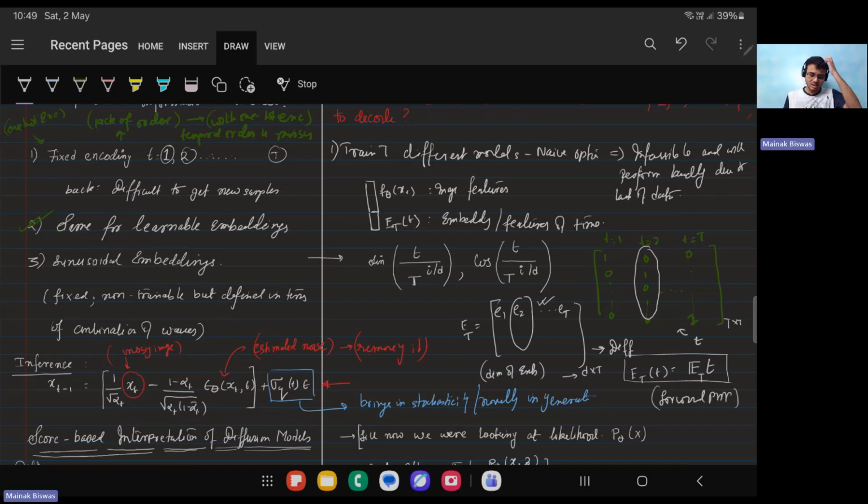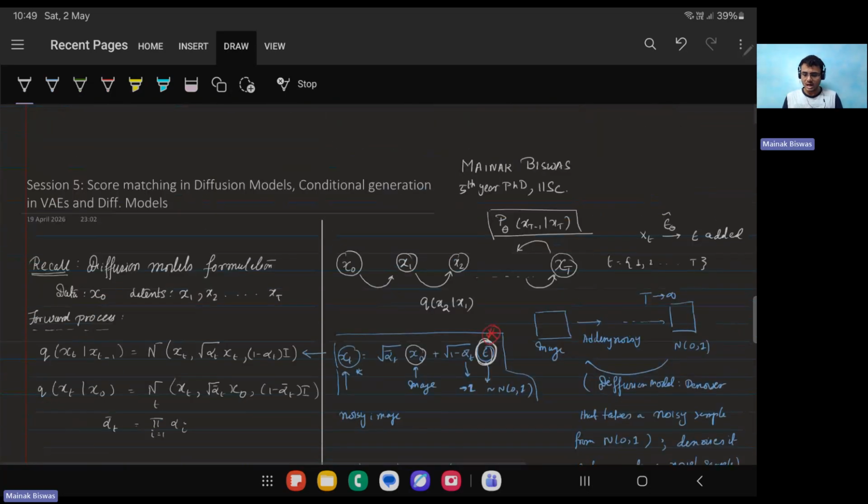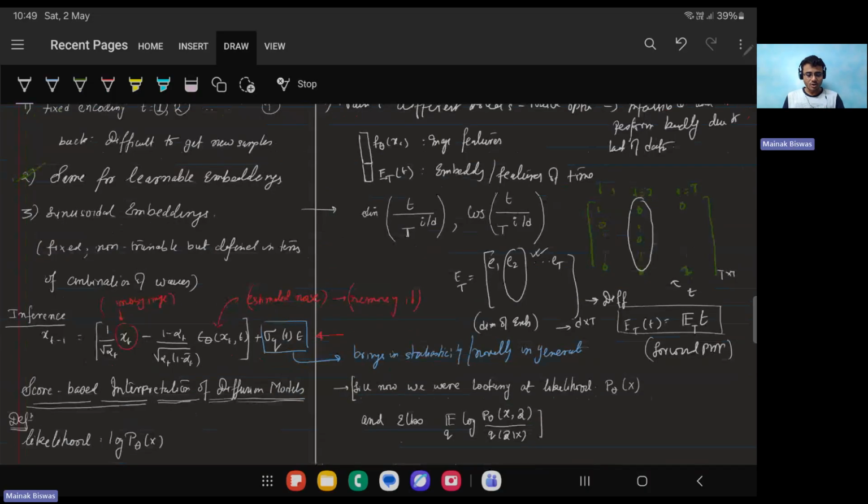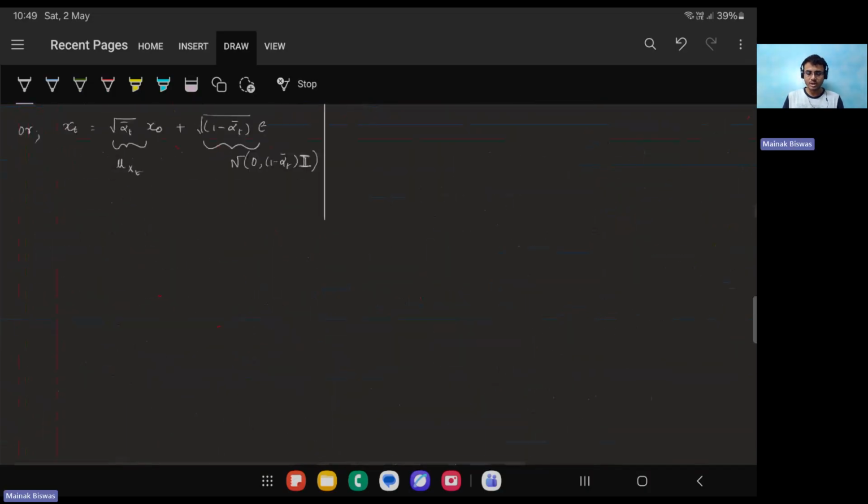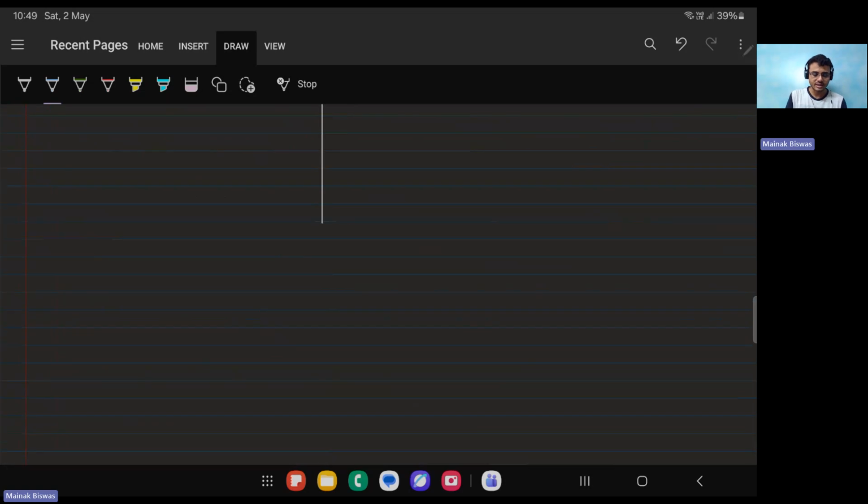Right? So what I'll do now is show you the other option that you have, before I go into today's main topics. The other option is sinusoidal embeddings. It solves two problems.